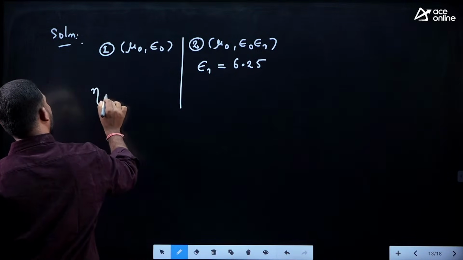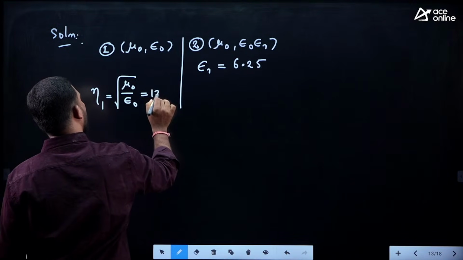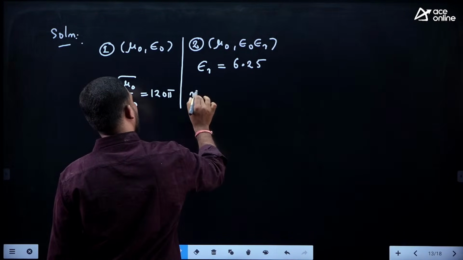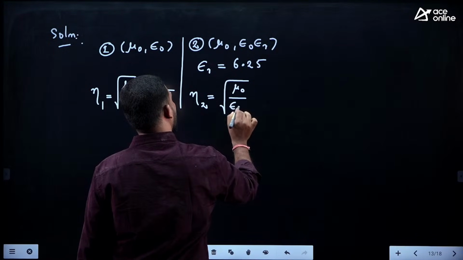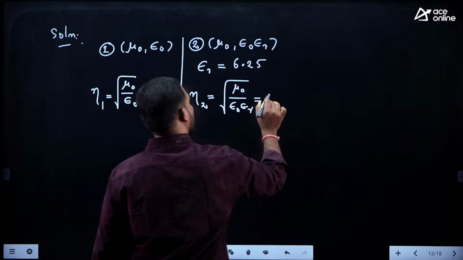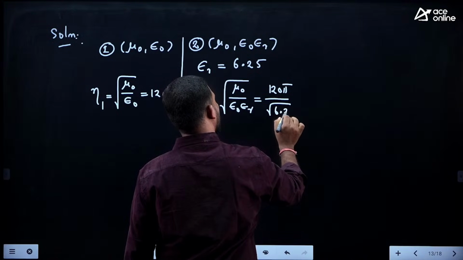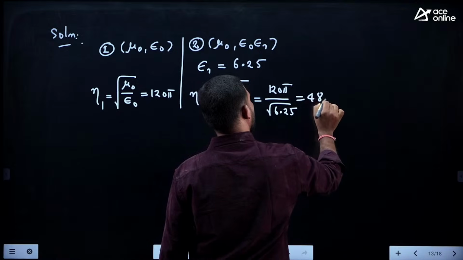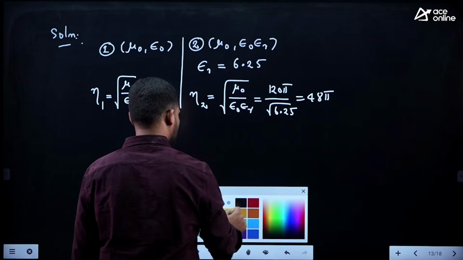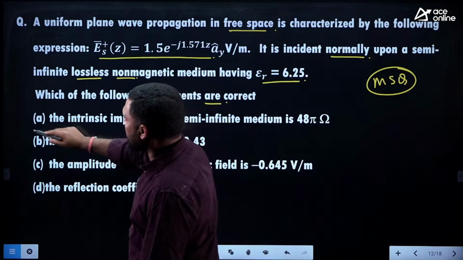As we all know, eta 1 is equal to square root of mu naught by epsilon naught, which is 120 pi. Eta 2 is equal to square root of mu naught by epsilon naught epsilon r, which is 120 pi divided by square root of 6.25. You can check this value, it is 48 pi ohms. So option A is correct.